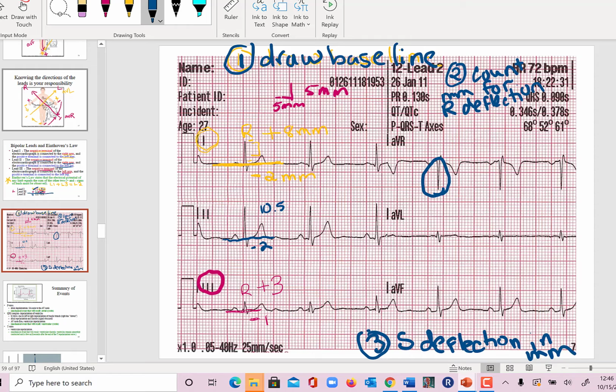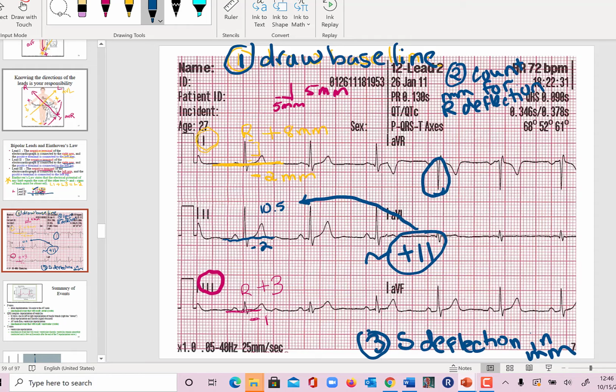All right, so then let's see how close we get to Einthoven's law. We have a plus deflection for lead 1 of 8 and a plus deflection of lead 3 of +3. So that gives us approximately a +11. That is very close to our upward deflection for lead 2 of about 10.5.